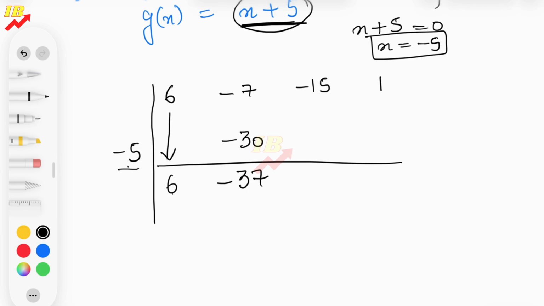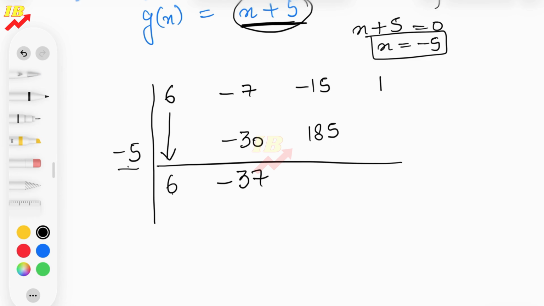Okay. Now you multiply this negative 5 with negative 37. So that is going to give you 185, but that should be a positive one, right? Do you understand? So when you multiply it, minus 5 times negative 37 will give you 185.